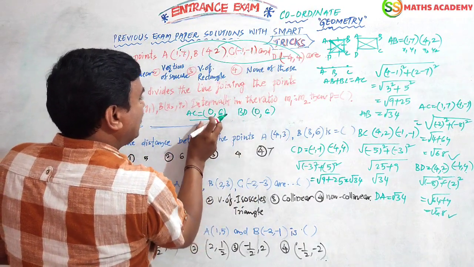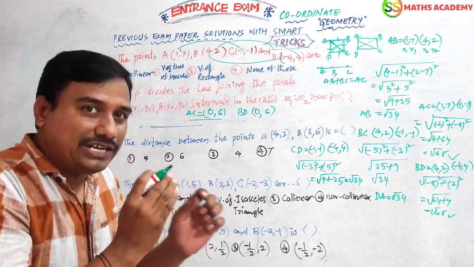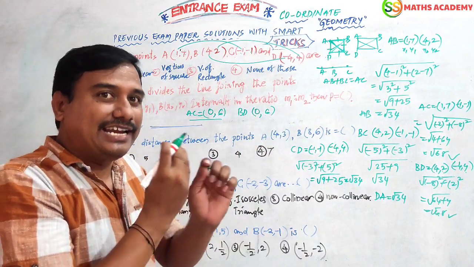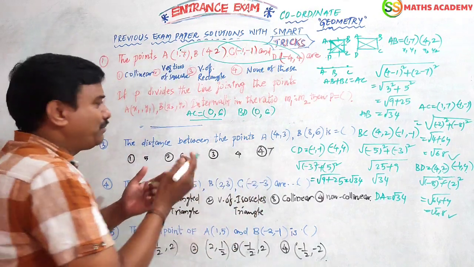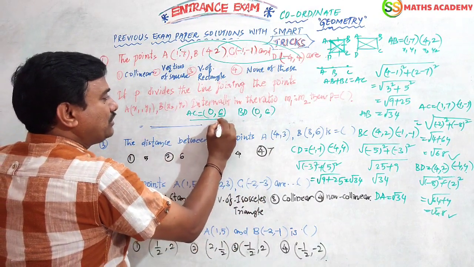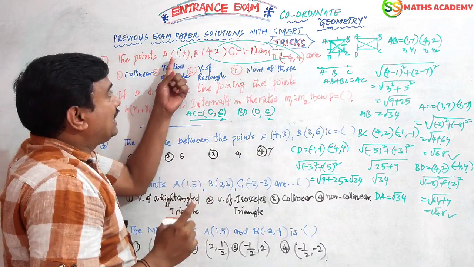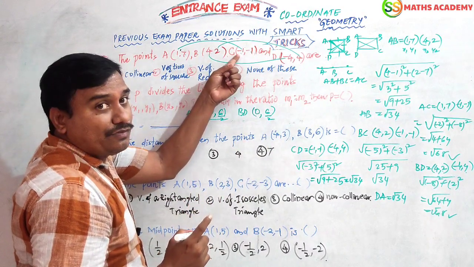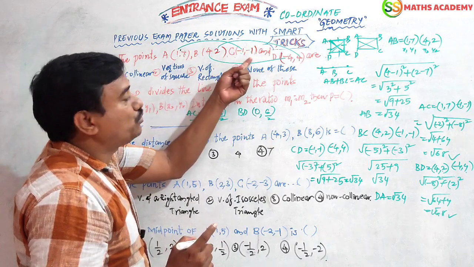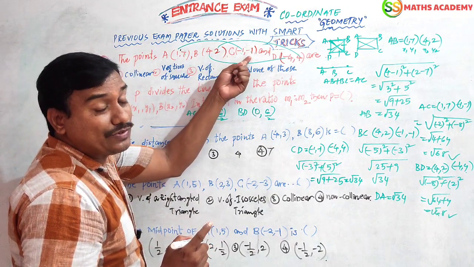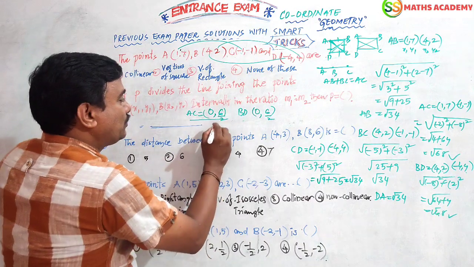So AC values, BD values, if you are adding or doing midpoint, or you can do (x1 + x2)/2, (y1 + y2)/2. 1 - 1 is 0, by 2 is 0. For suppose 7 - 1 is 6, by 2 is 3. So 0, 3.